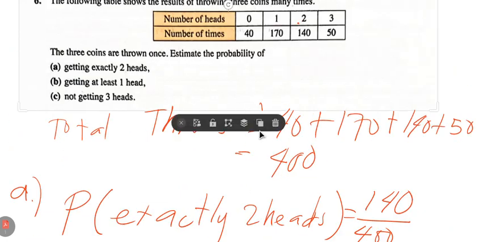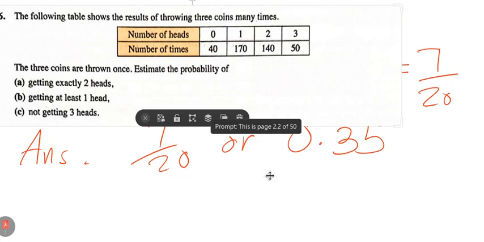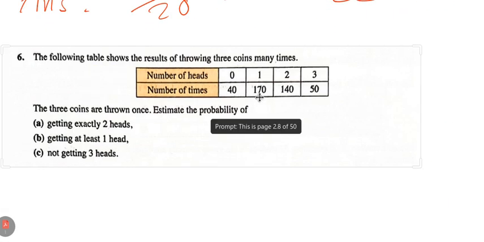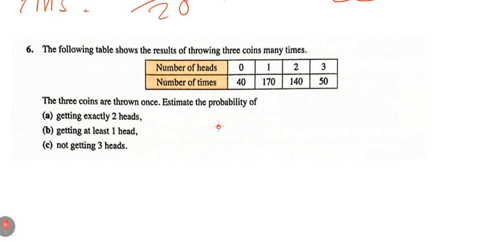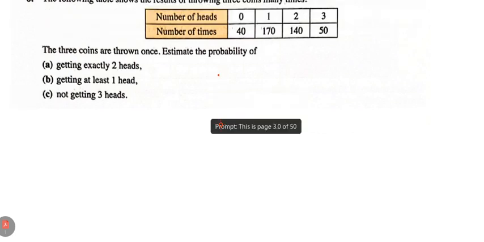Now, the second question. Let's copy that one. Looking at the second question, we have B, getting at least one head. So let's write out the favorable outcomes.